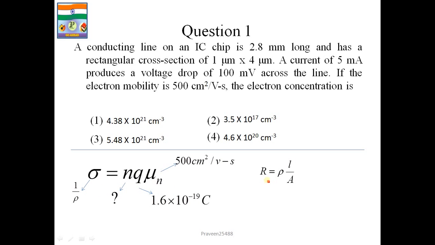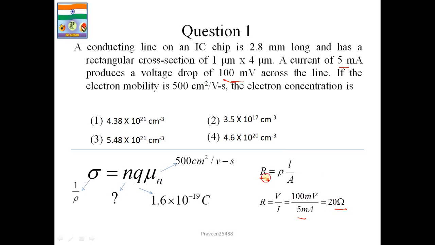We also know that resistance R is equal to resistivity rho into L upon A, and the resistance we can also calculate as V upon I, where V is 100 millivolt and current I is 5 milliampere. So resistance R is equal to 20 ohm.